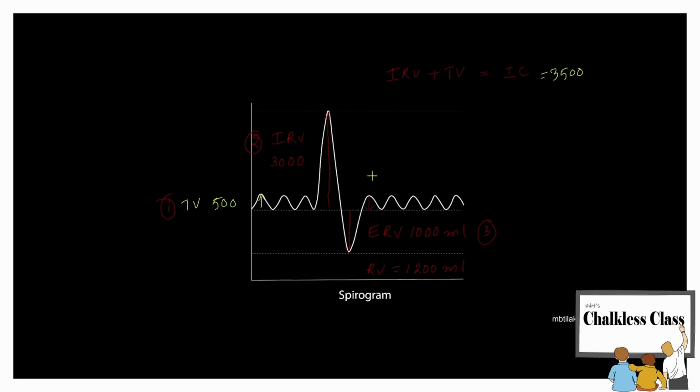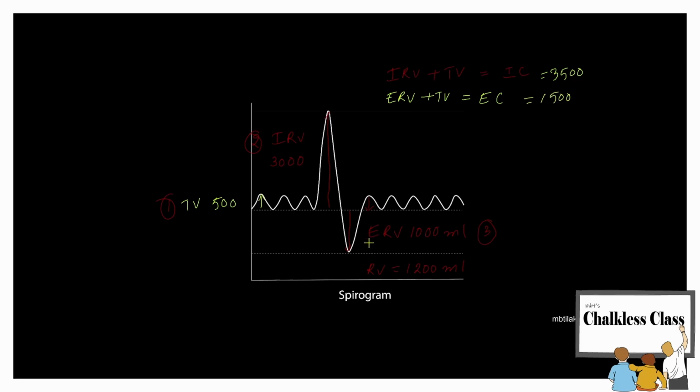Now let us take ERV, expiratory reserve volume plus TV. This is called expiratory capacity. Expiratory capacity includes ERV 1000 ml and TV 500 ml. This is equal to how much? 1500 ml.